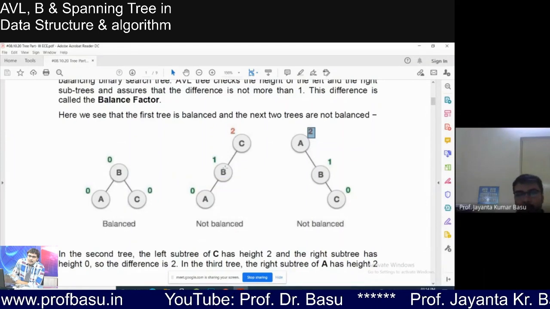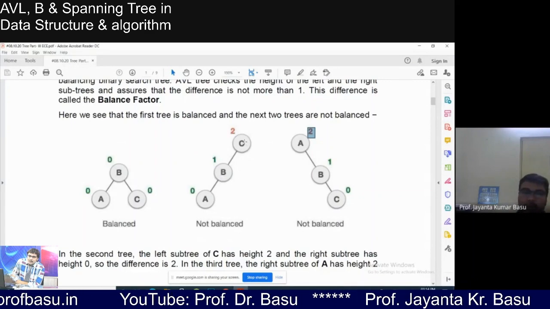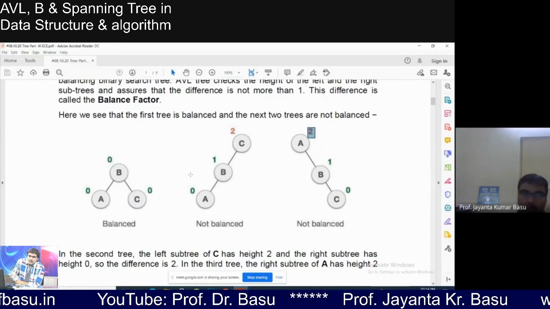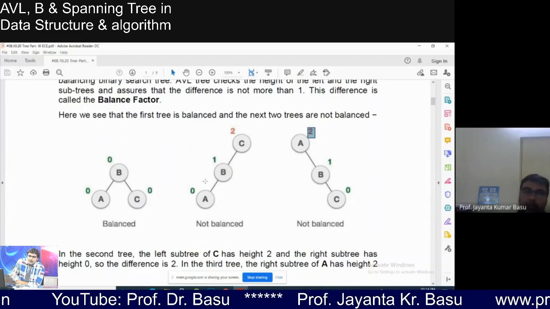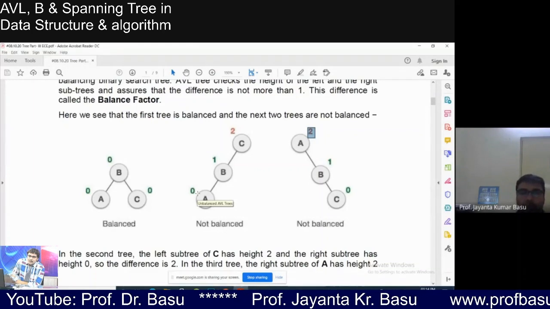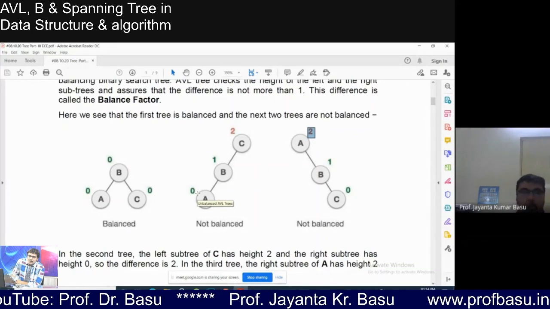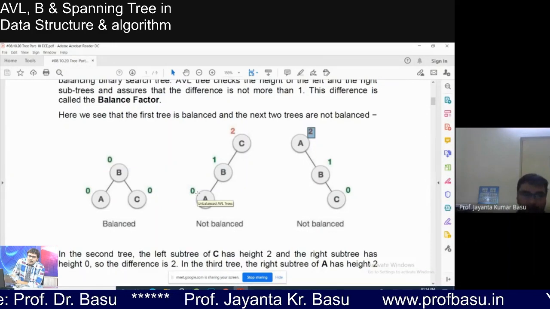Means minus 1 to plus 1. This will be the range of factor for a particular node. If all the nodes follow this rule, we will say that this tree is balanced, right?